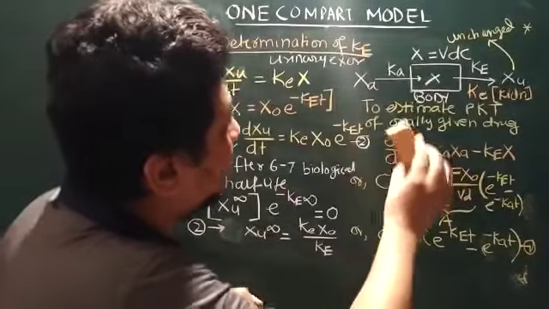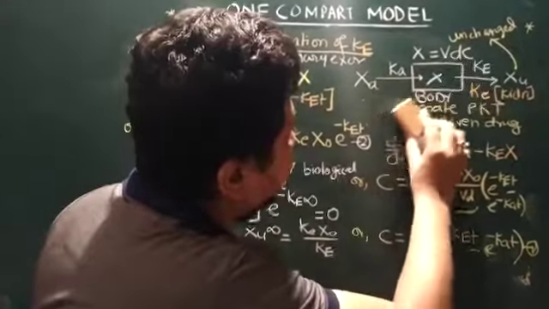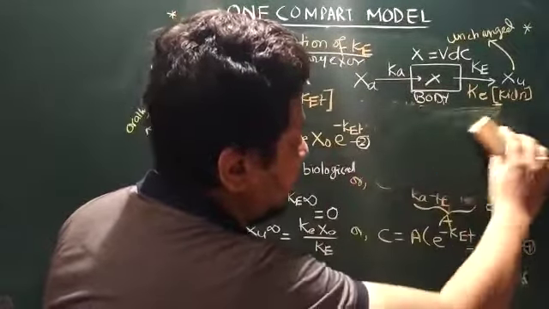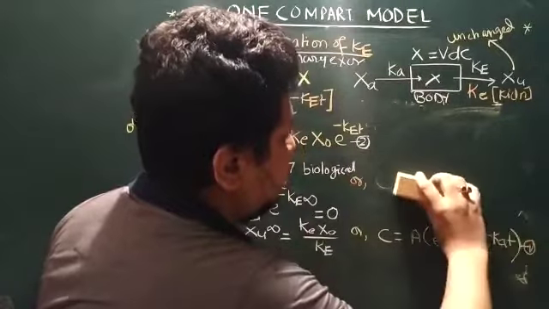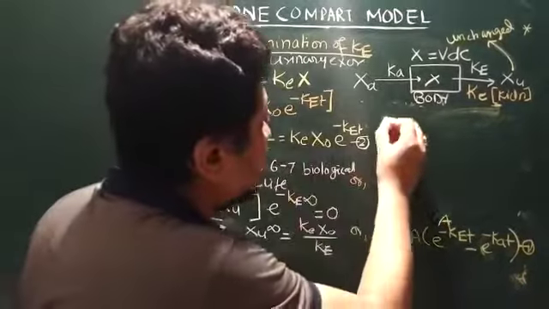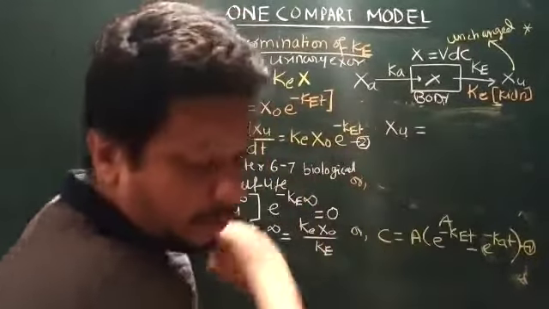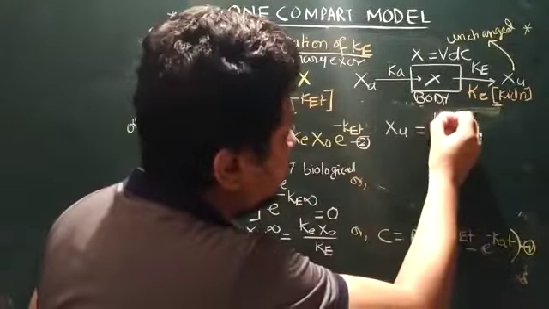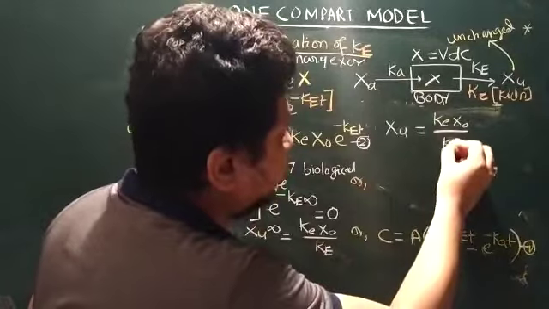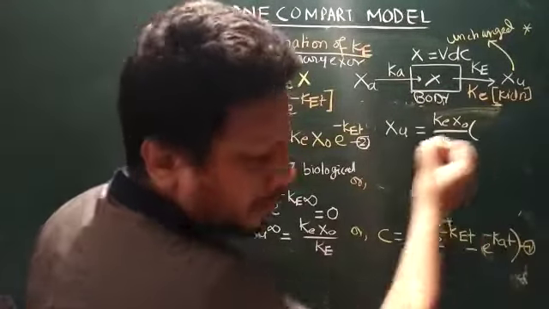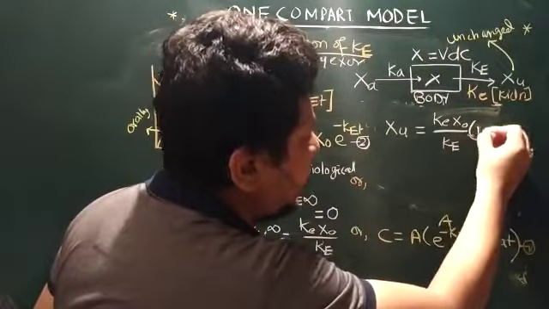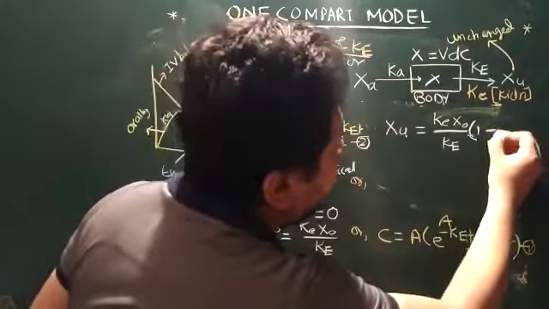Now after putting this, if we want to integrate this equation, what will we get? I'll show you. After integration, you get XU is equal to Ke X naught upon Ke into 1 minus e raised to minus Ket.